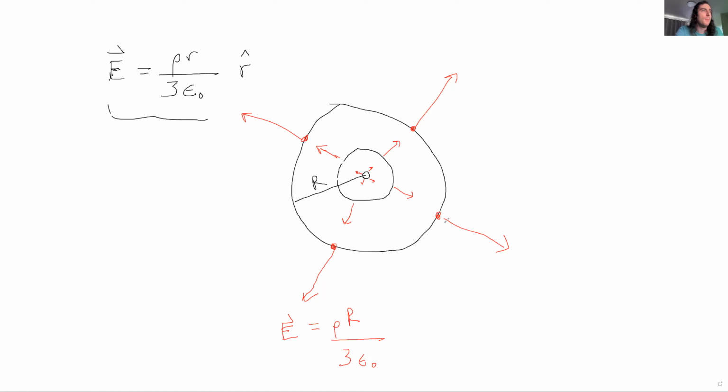Okay, but what's the value outside? Is it bigger? Is it smaller? Well, of course it's smaller. As we get further and further away from the charge, we will have less and less of an electric field. How much less? Well, we have to go through and use Gauss's law again, but we already know we can treat a sphere as a point charge when we're on the outside of the sphere.